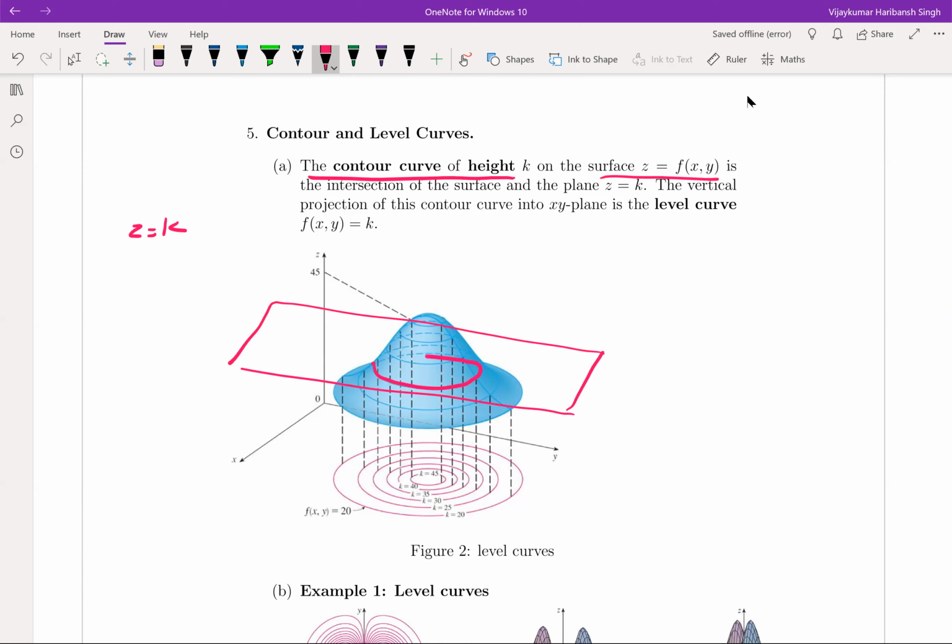This is already drawn here. This corresponds to k equals 35, so z equals 35. The curves you get on top are called contour curves.